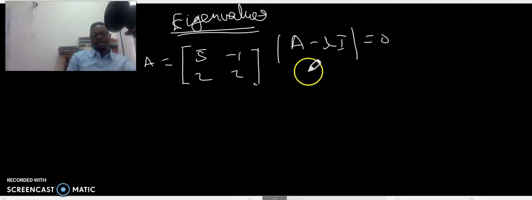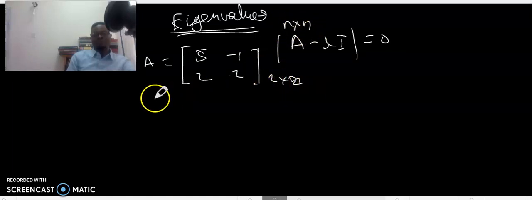If it were a 3 by 3 matrix, I would have introduced the new formula that I used last time. You can watch the previous video on how to find the eigenvalues of a 3 by 3 matrix. This is a 2 by 2 matrix. Of course, this matrix is of the order n by n.